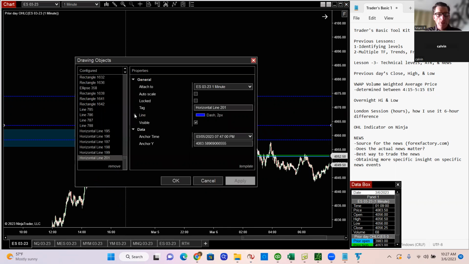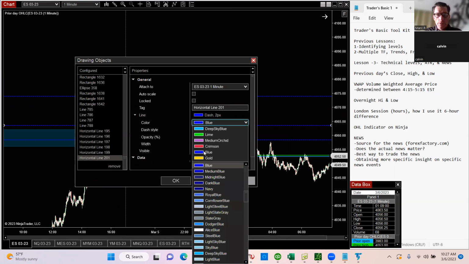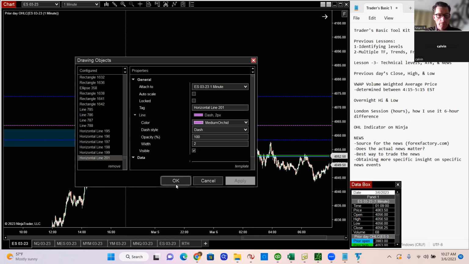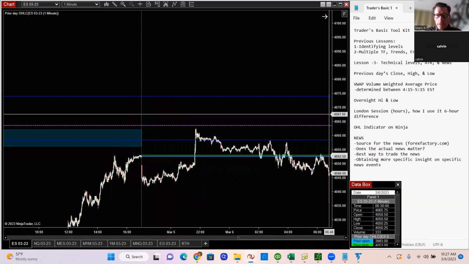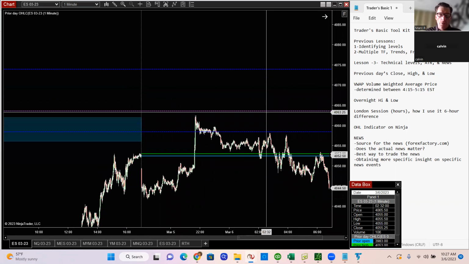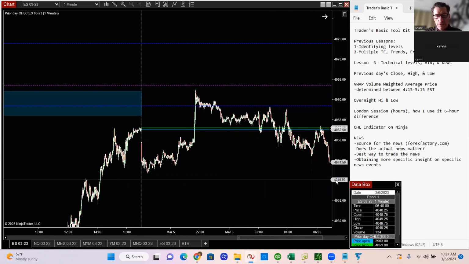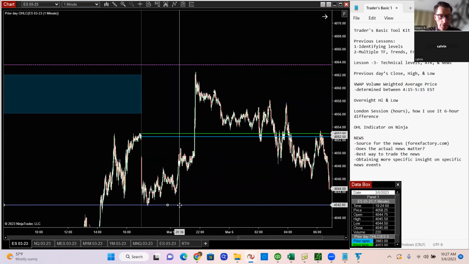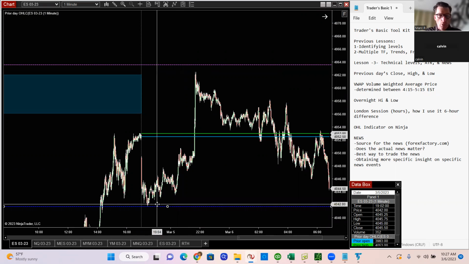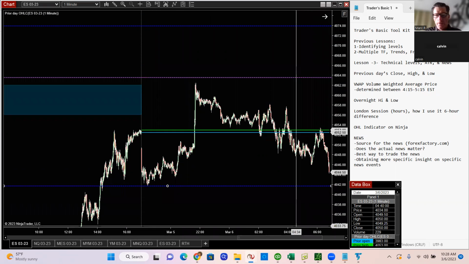You can use any color you want. I'm going to use some kind of medium orchard. The overnight low is all the trading that happened when the futures market reopened, in this case, on Sunday night. So this right here is the lowest point it went on Sunday night.